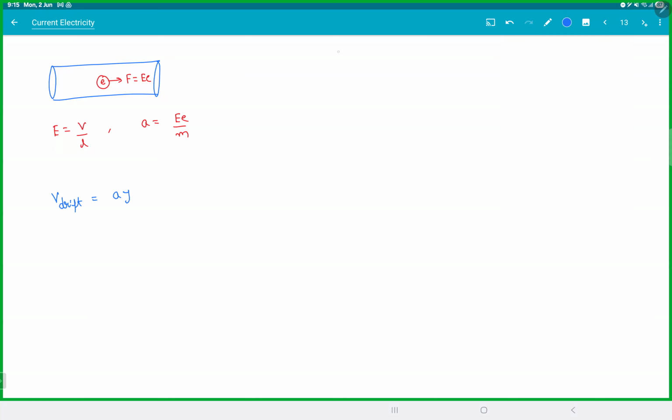So what is this tau? Anyone remembers what is tau? Relaxation time. Anyone remembers the formula? बहुत इंपॉर्टेंट था. Told you, it will keep coming in Mains. Free mean path, collision rate, remember? 1 by root 2 pi sigma square eta v mean.